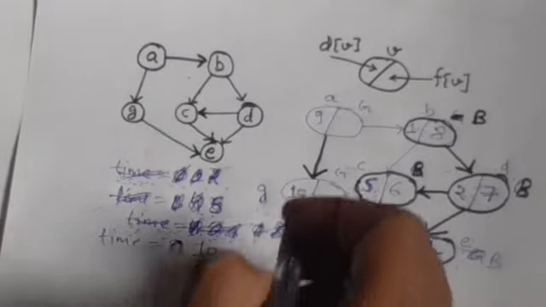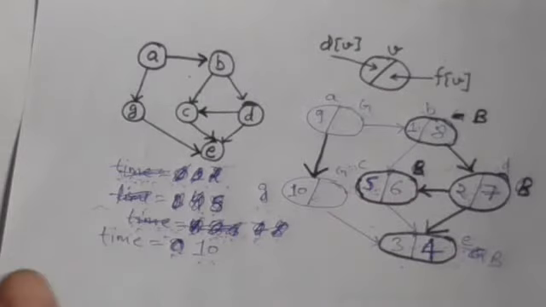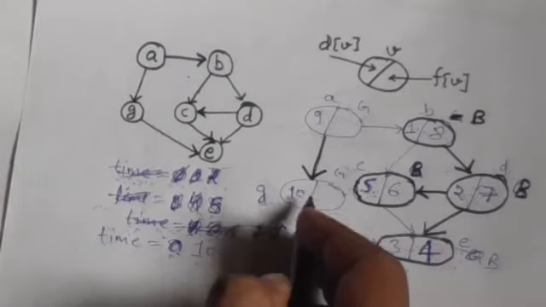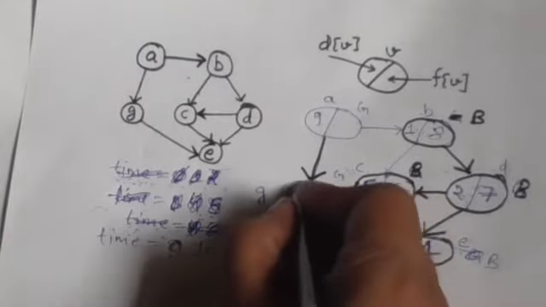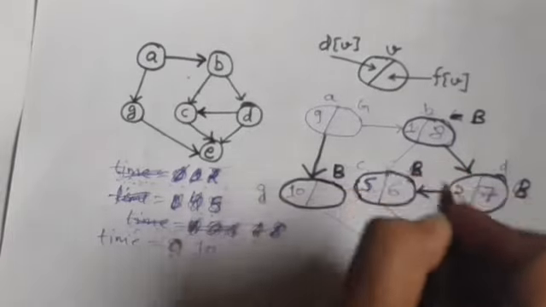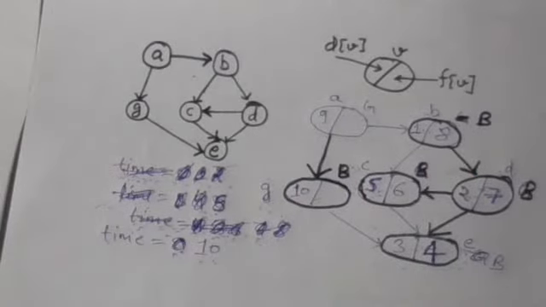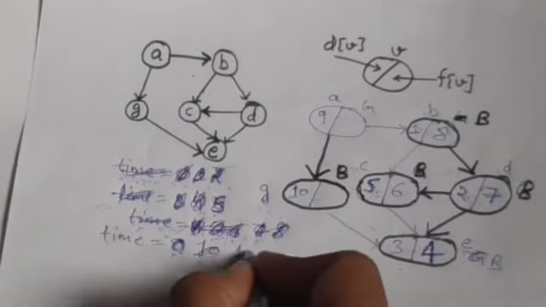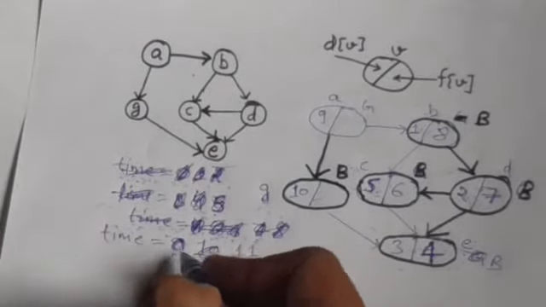So what will we do? We will change the color of this vertex G from gray to black, right? And the value of variable time will be increased by 1. So value of variable time has become 11. Right.